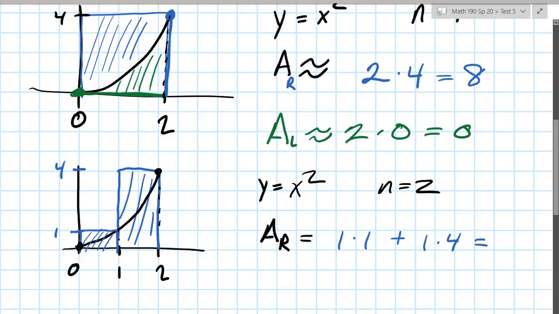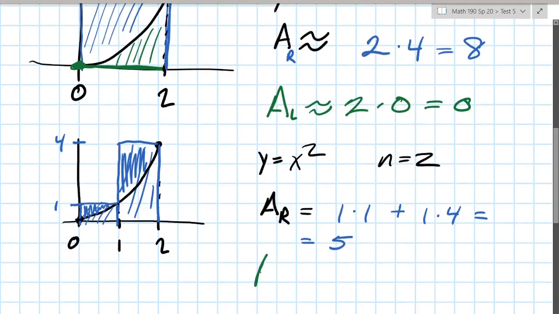So if I add those up, I get an area of 5. It's again an overestimate because here it's above and above. We're overestimating. What if we had used left endpoints instead of right endpoints?